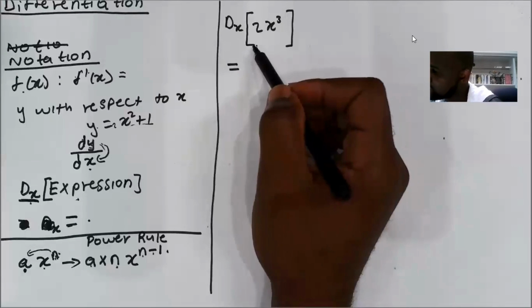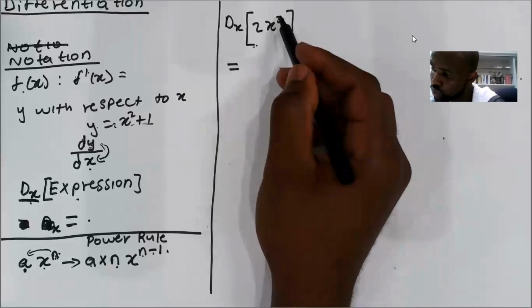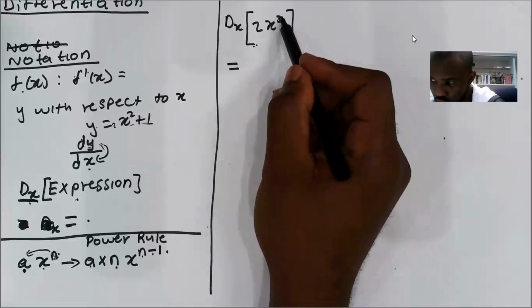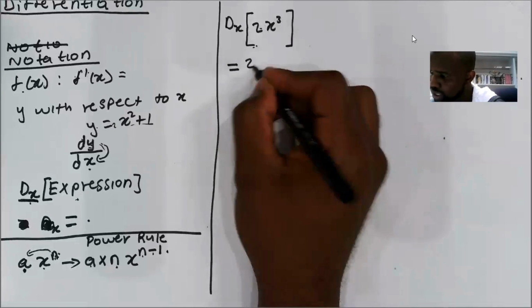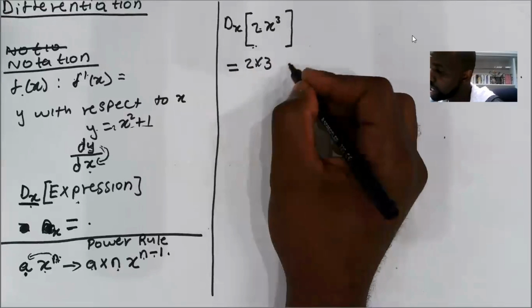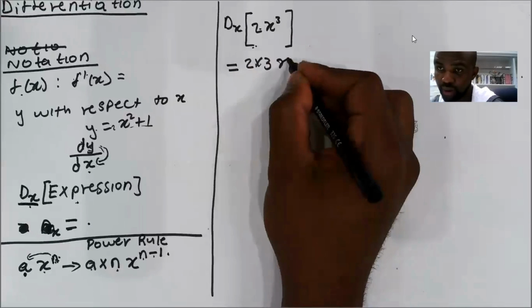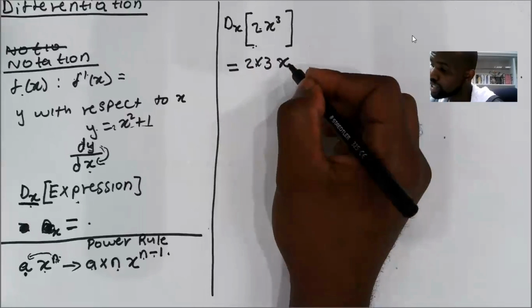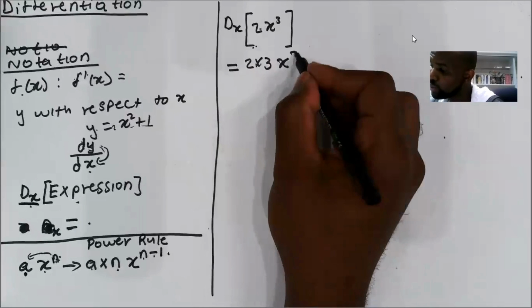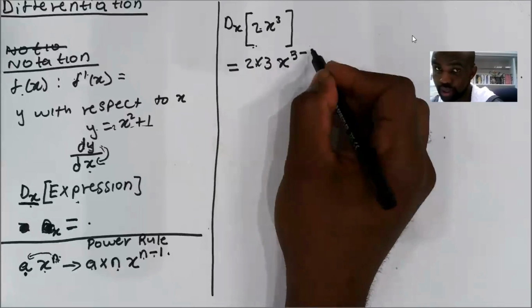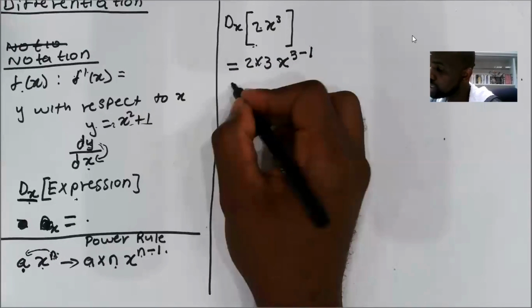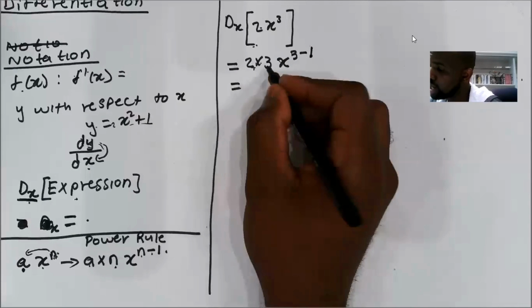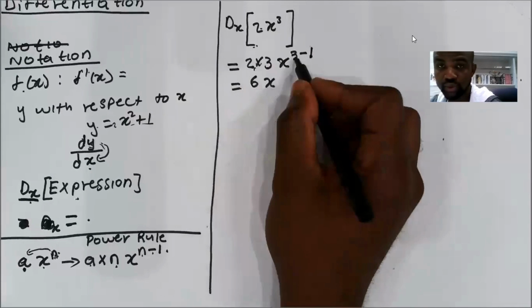Here, we just use our power rule, which is this 3 times this 2, which is going to be 2 times 3, and then x, bring back our x variable, and then this 3 minus 1. What is 2 times 3? 6. x, what is 3 minus 1?